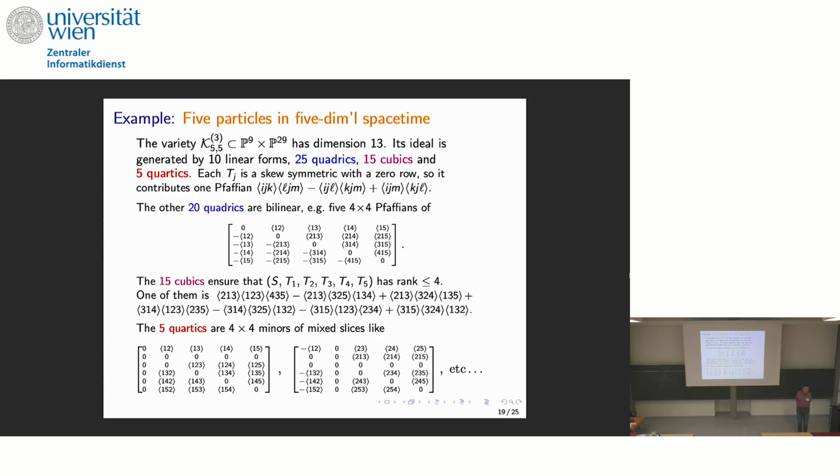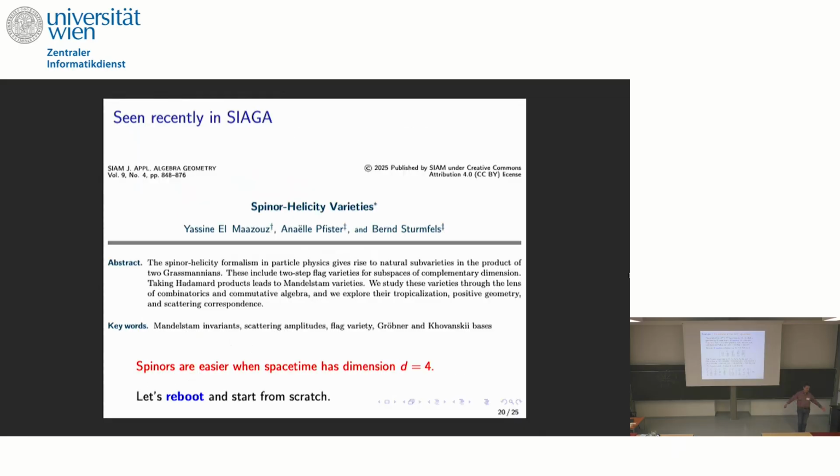Okay, so this was about the first paper. Now maybe 5 minutes about the second paper. With Yassin and Anael, we published a paper called Spinor Helicity Varieties in our SIAM journal. The abstract says that the spinor helicity formalism gives rise to nice subvarieties in the product of 2 Grassmannians.